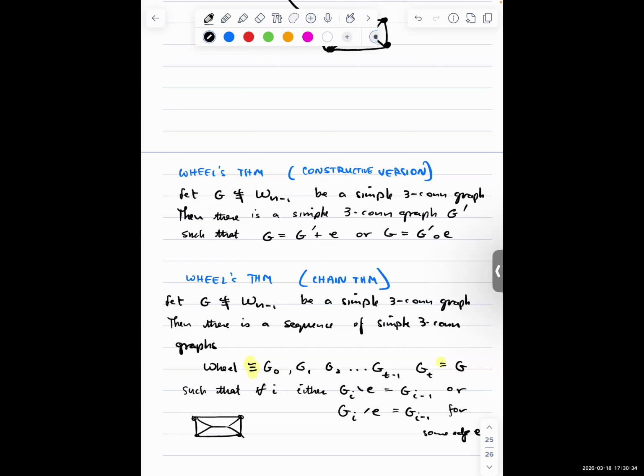And then the chain theorem, right? There is a sequence of simple 3 connected graphs.